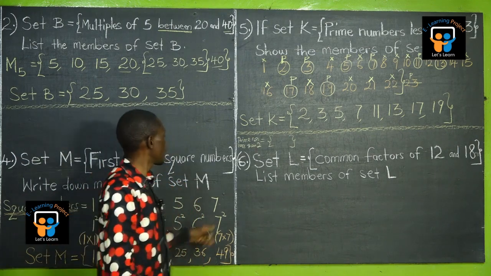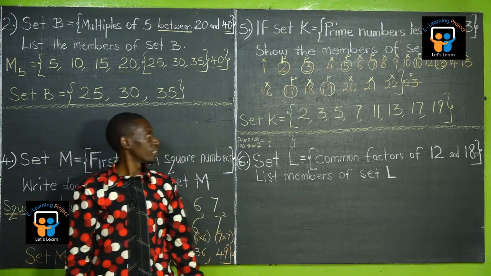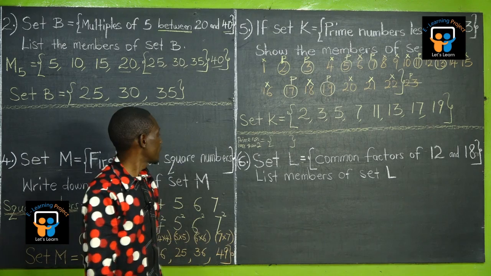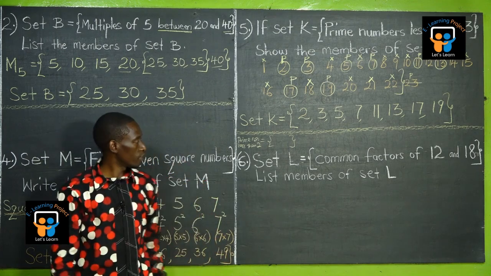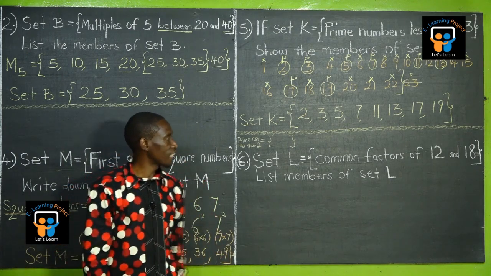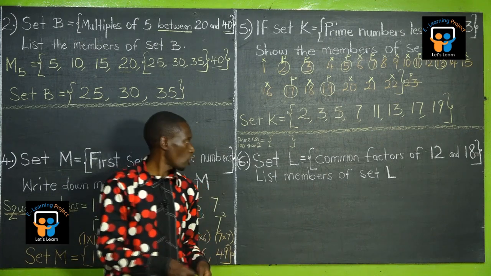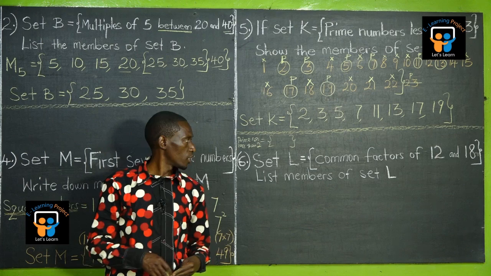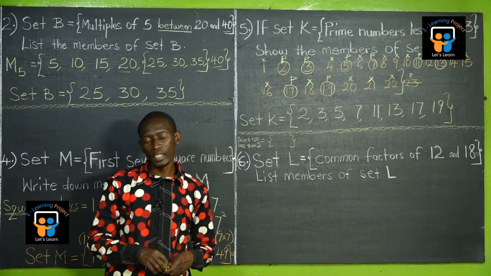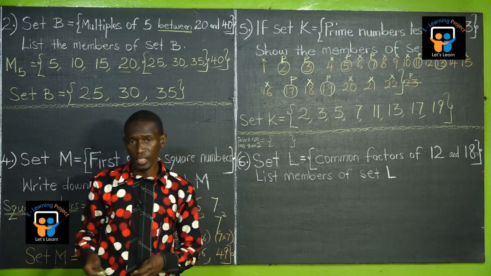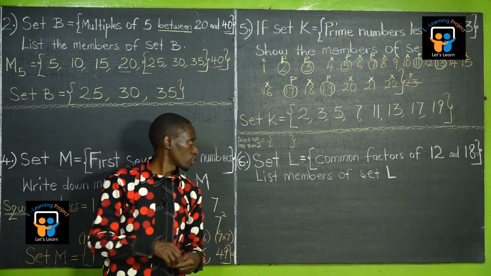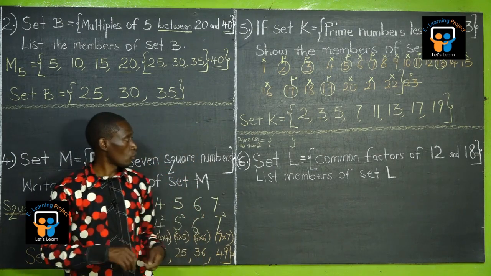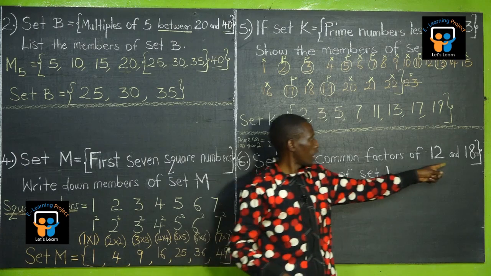Yes, now come to number 6. Number 6. Set L equal to common factors. Common meaning the factors you find in 12, the same factors you are finding in 18, the similar factors. So we shall get factors of 12, common factors of 12 and 18.